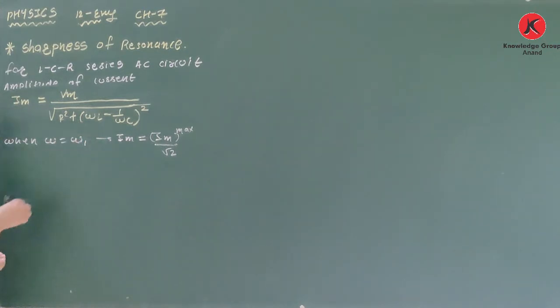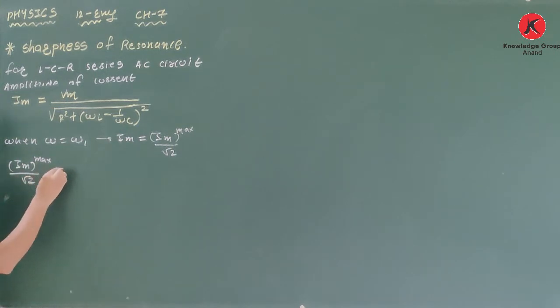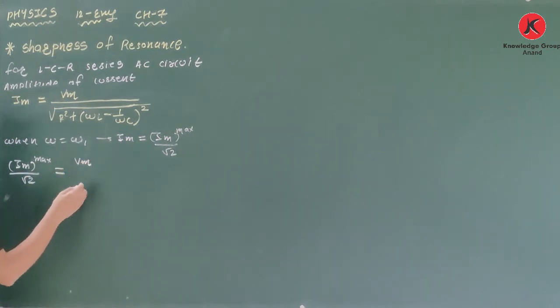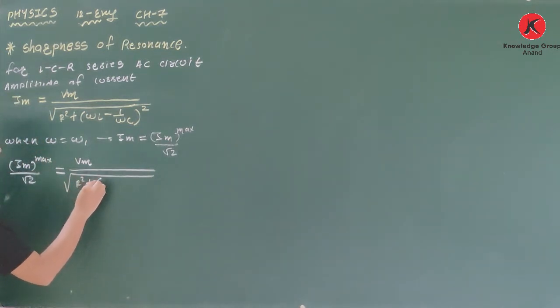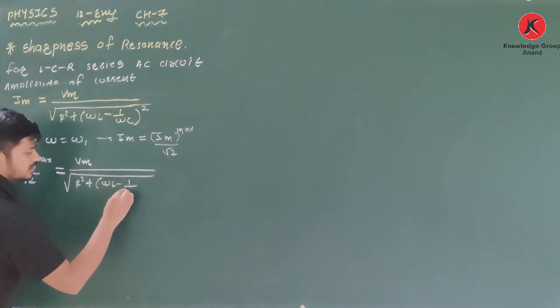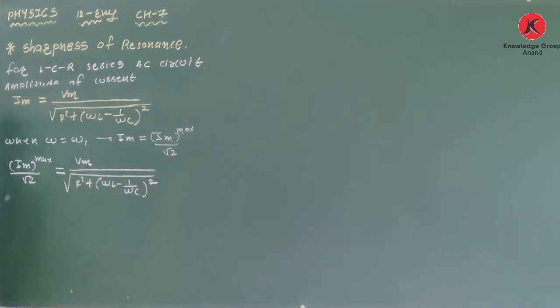In this equation, we replace Im by Im maximum upon root 2, so Im maximum upon root 2 is equal to Vm divided by under root R square plus omega L minus 1 upon omega C whole square.